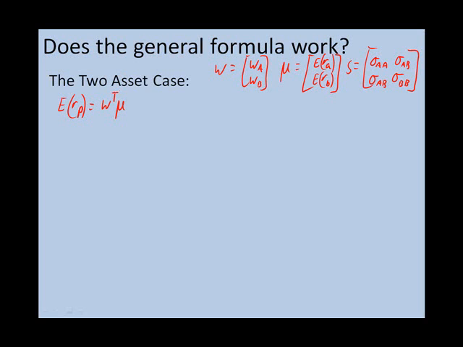Let's calculate our expected portfolio returns. It's going to be equal to W transpose. If we transpose W, we get a row vector, which is going to be WA, WB, times by mu, which is the expected returns on A and the expected returns on B. Can we do this matrix multiplication?